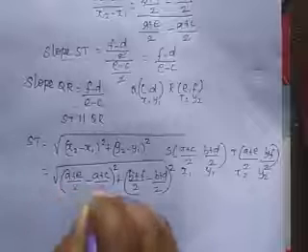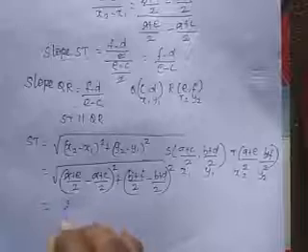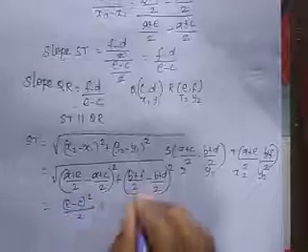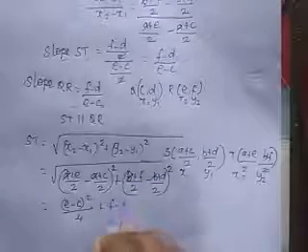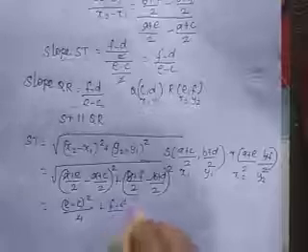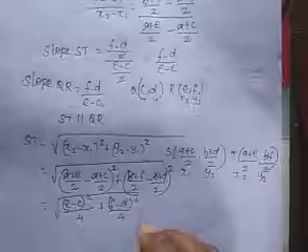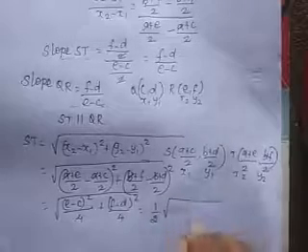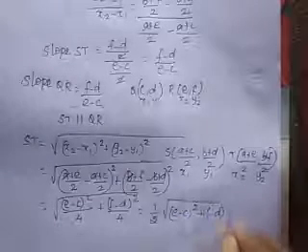Here plus A minus A cancel. So that is E minus C the whole squared by 2 squared is 4, plus the same, B minus B cancel, F minus D the whole squared by 4. That is square root of, take the 4 outside, that is 1 by 2 square root of E minus C the whole squared plus F minus D the whole squared.